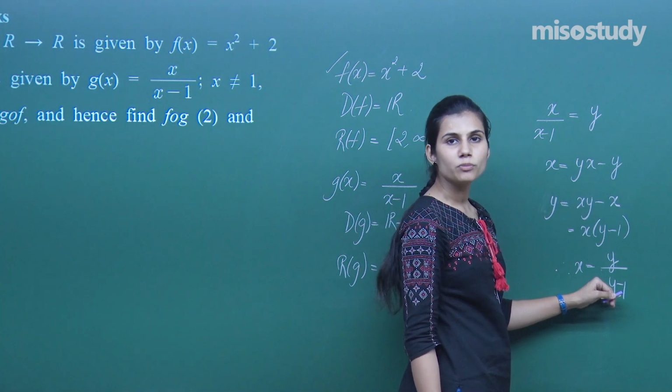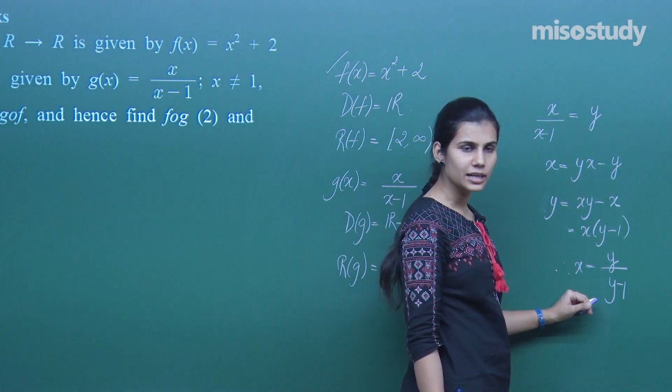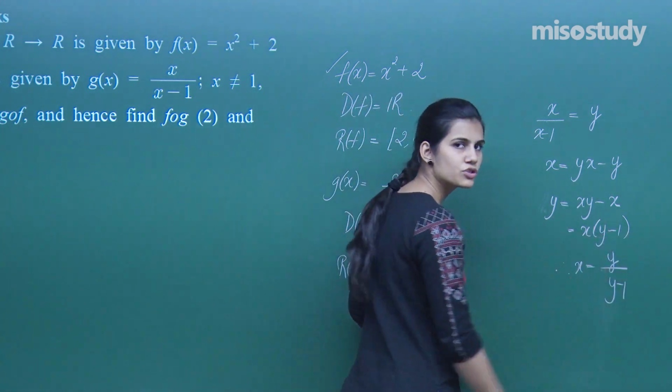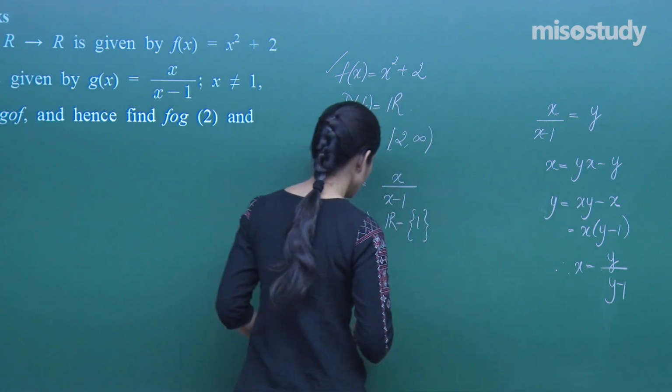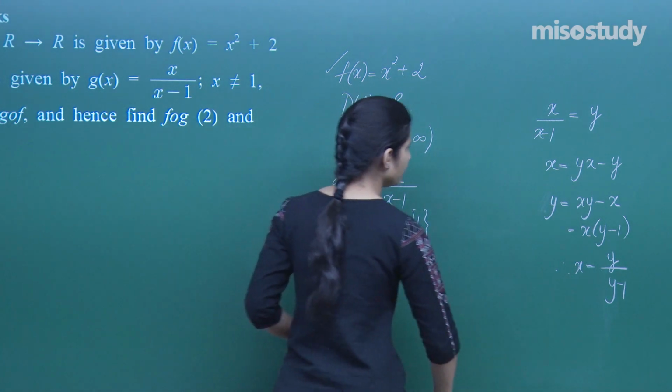Just for y not equal to 1, the rest of all the values of y give me x as a real number. So this x is a real number only for y not equal to 1. So the range is also all real numbers minus the quantity 1.